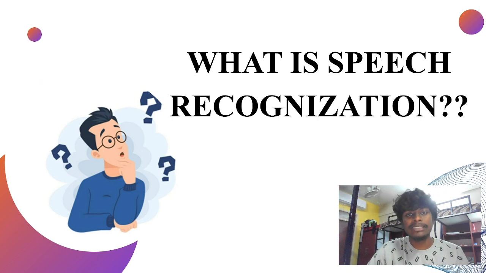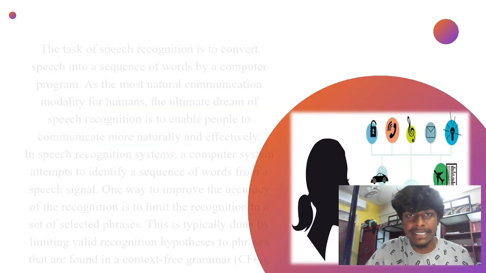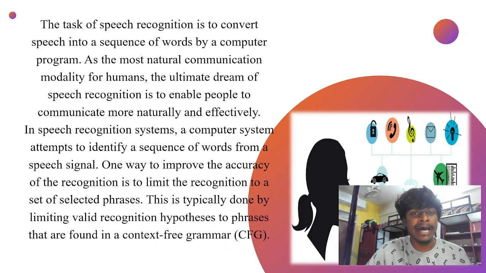And now let's discuss what is speech recognition. As you can see from the picture, the task of speech recognition is to convert speech into a sequence of words by a computer program. As the most natural communication modality for humans, the ultimate dream of speech recognition is to enable people to communicate more naturally and effectively, as we can see in the picture.